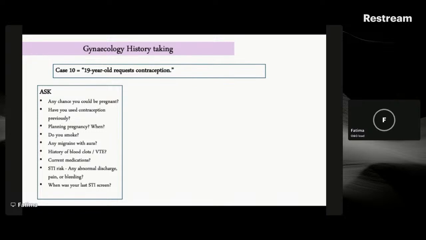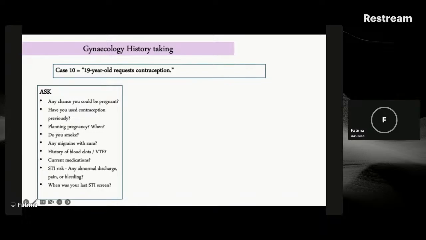So the case that involves a 19-year-old requesting contraception is a common OSCE counselling station. I would begin by exploring her sexual history, including whether she is currently sexually active, and whether she has one or multiple partners. I would also ask about her last menstrual period and her risk of pregnancy, because it's important to ensure that she's not already pregnant before you start contraceptives.